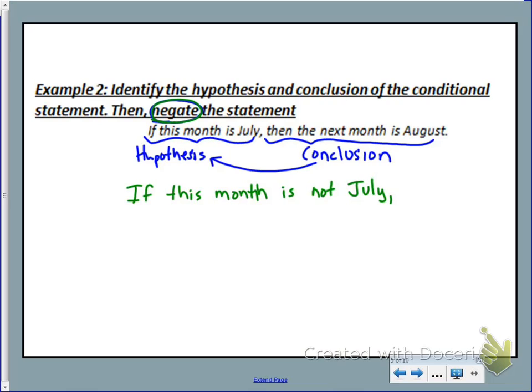Now, the key is when we make the negation, we don't just negate the hypothesis, we have to also negate the conclusion to keep it consistent. Then, the next month is not August. So when it's asking us to negate, we're going to do that to both the hypothesis and the conclusion.